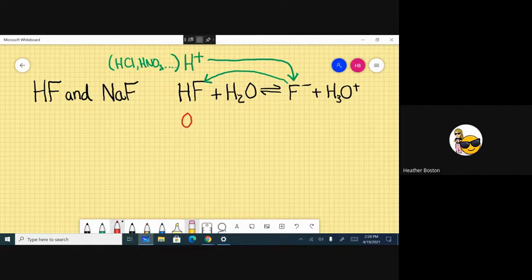If we add OH minus, this guy, in the form of a strong base, these are just some examples of strong bases. Their cations in this case are neutral, so they are spectator ions.